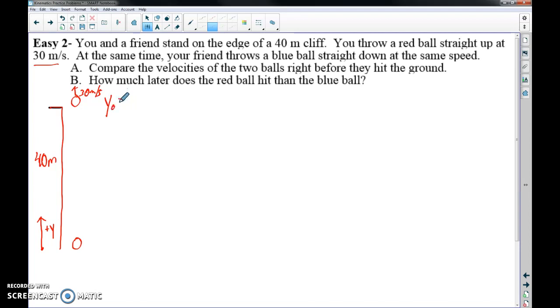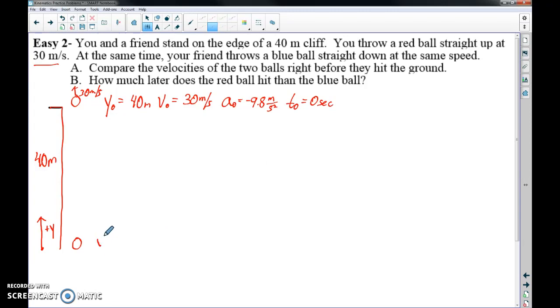So I have a starting velocity of 30 meters per second, going upward, and if we start filling in our values, I know my initial position here. With my origin at the bottom, I'm at 40 meters. My velocity to start is upward as well, so it's a positive 30 meters per second. My acceleration, we're in free fall as soon as he releases that ball, so it's negative 9.8 meters per second squared, and my time, we're going to call it time 0.